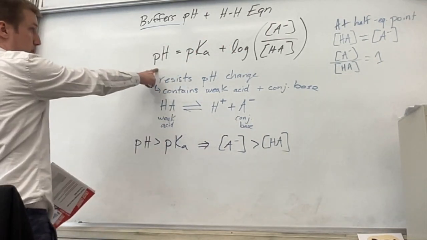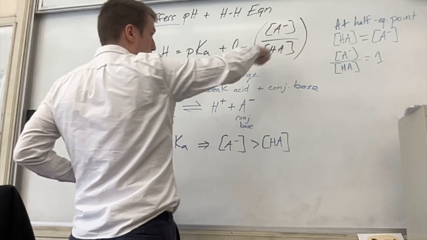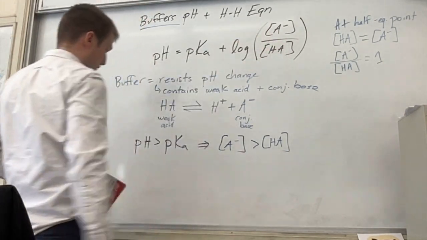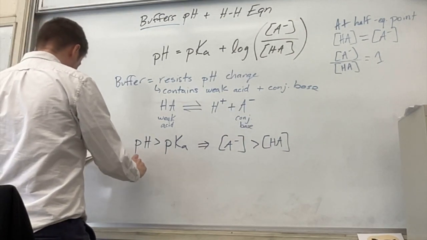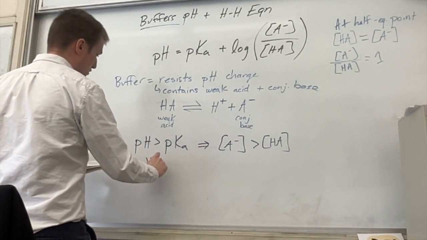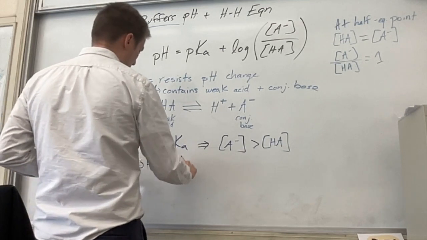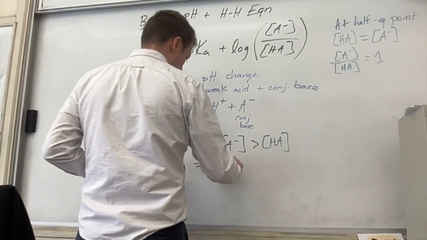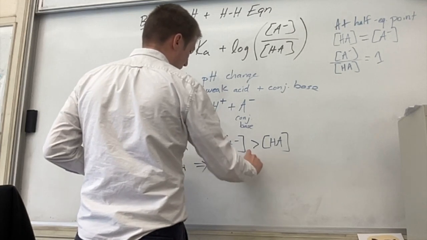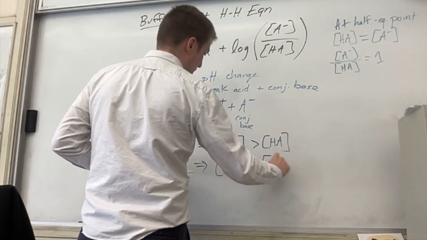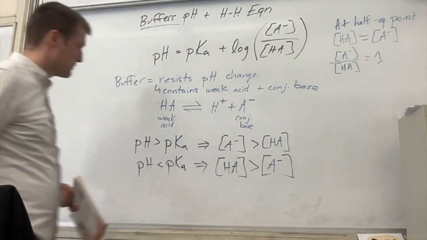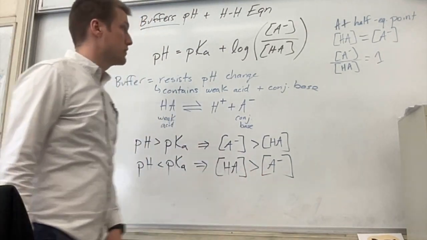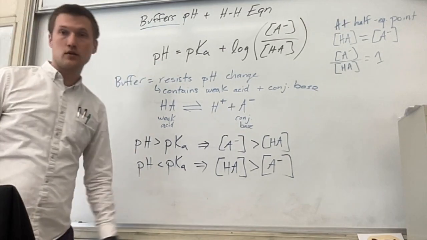If this number has to be bigger, this part has to be positive, which means we need the log of something greater than 1, so the top of that fraction has to be bigger. And then the reverse is also true. If the pH of your solution is less than the pKa, that means you have more acid, so the concentration of HA, the weak acid, is more than the concentration of the conjugate base. If the concentrations are equal, then you're at the half equivalence point, and the pH is exactly equal to the pKa.